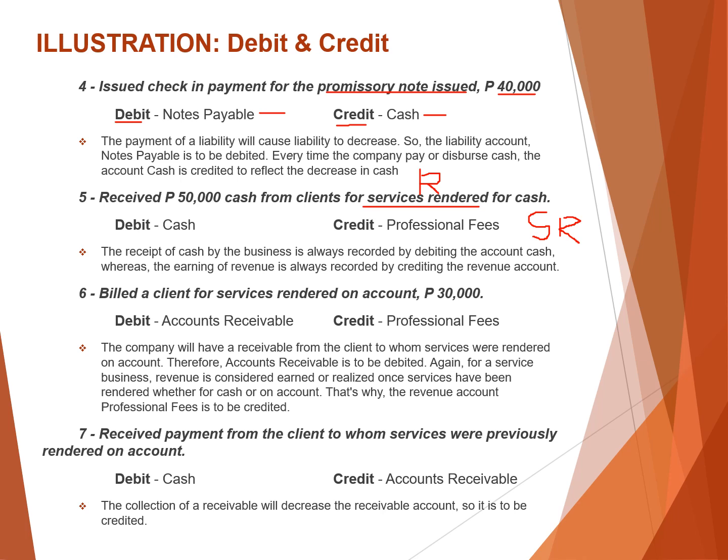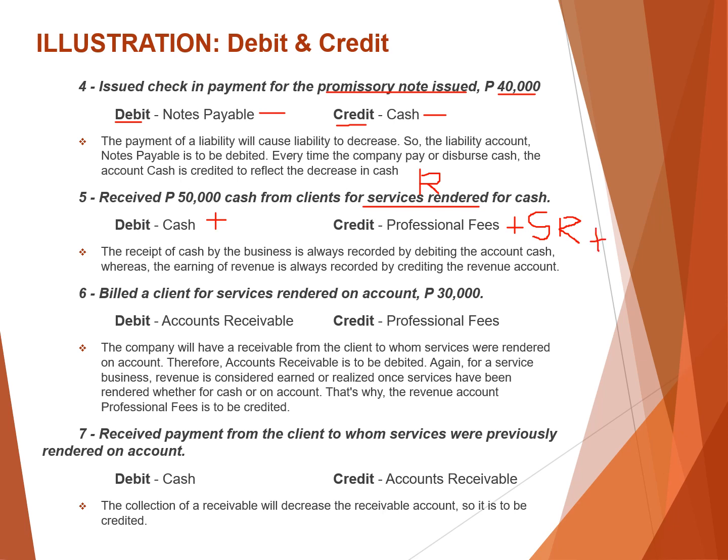Do we still understand? Okay. Now, since he received cash, the effect on cash is an increase, and then the effect on professional fees is an increase. And I also have a tip for you, remember, when it is service revenue, it is always what? Increase.